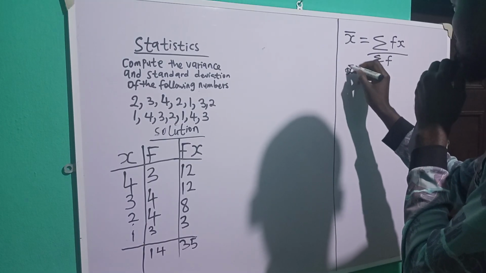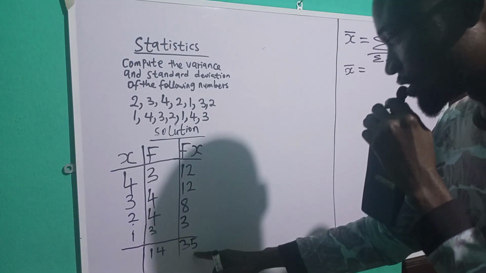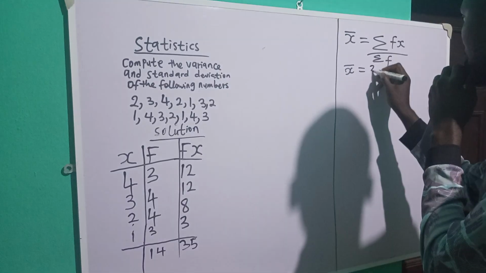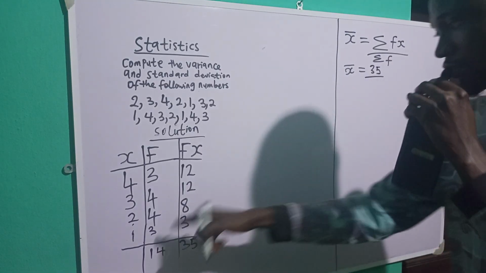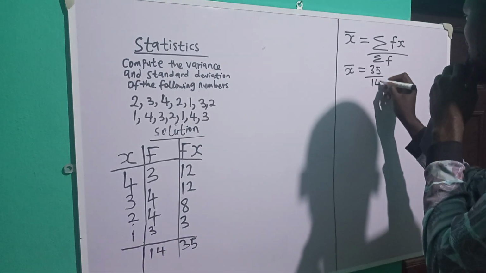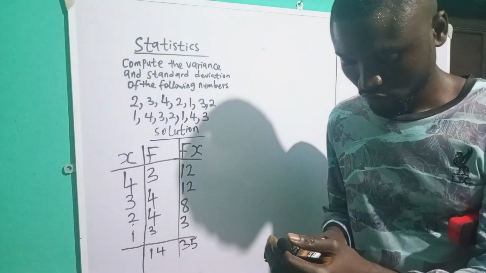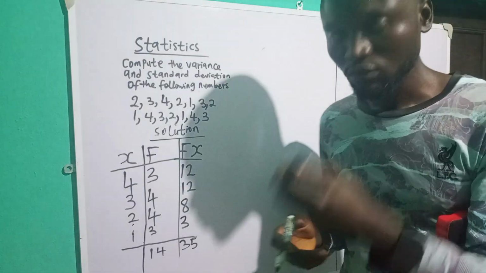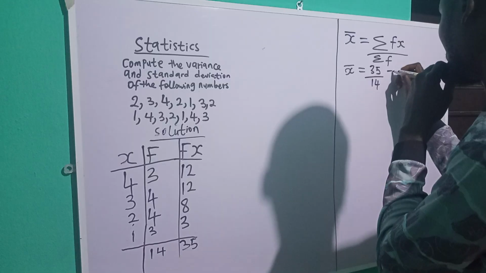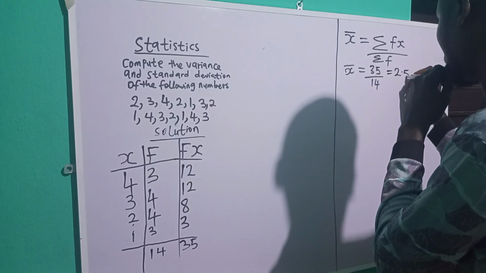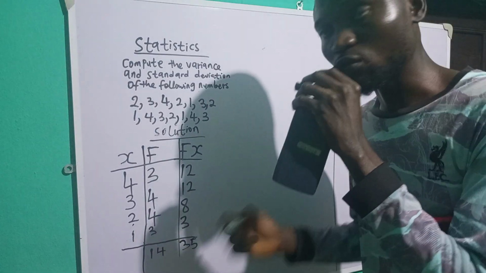Sum of fx is 35, so 35 divided by sum of f, which is 14. 35 divided by 14 is 2.5. So our mean is 2.5. We'll work with it.